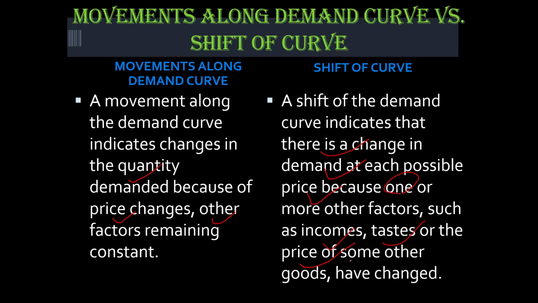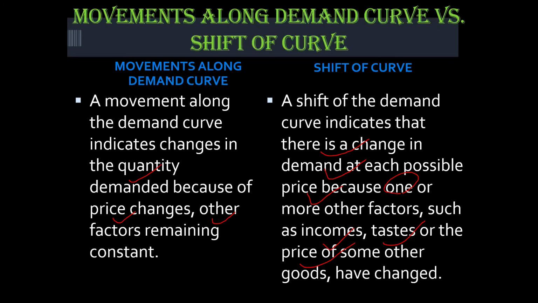The price of other goods, it may be substitute goods or complementary goods. So change in the price of other goods will also be considered in the shift of demand curve.